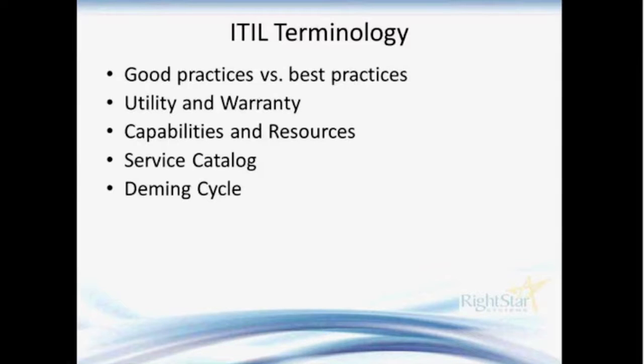Another term I've mentioned already is the service catalog. So when I talked about complementary guidance, there has been increasing focus that we've observed among our customers on the service catalog, and how do we design a process for service request management? How do we make the services that IT provides more accessible to our end users, to our customers?